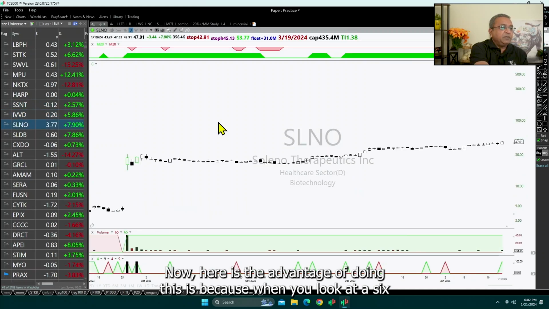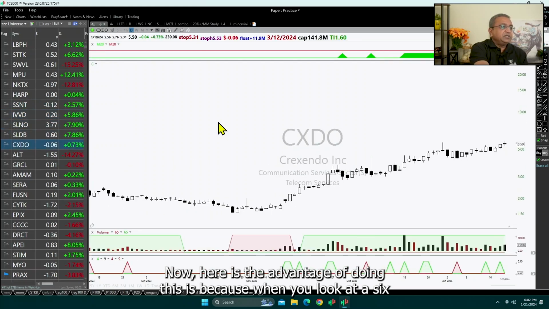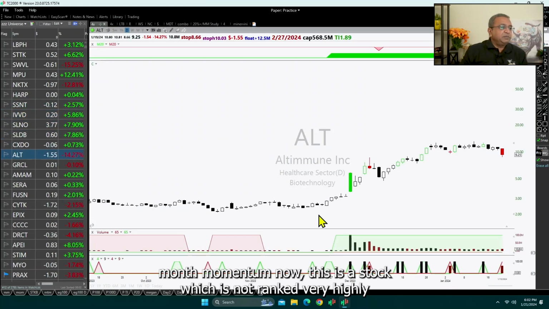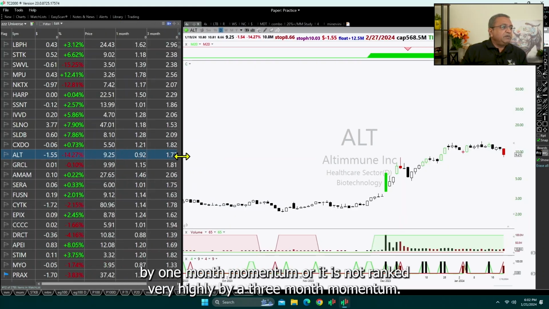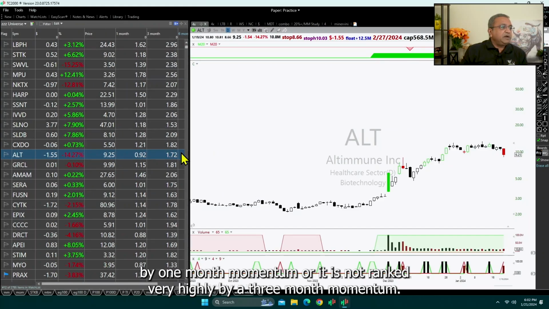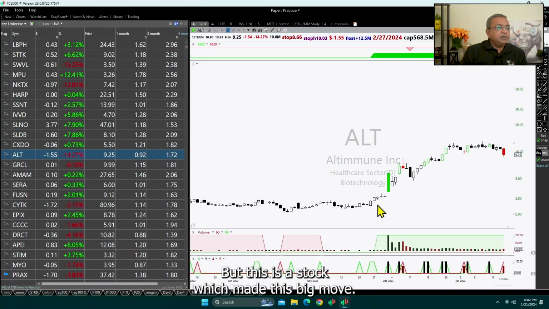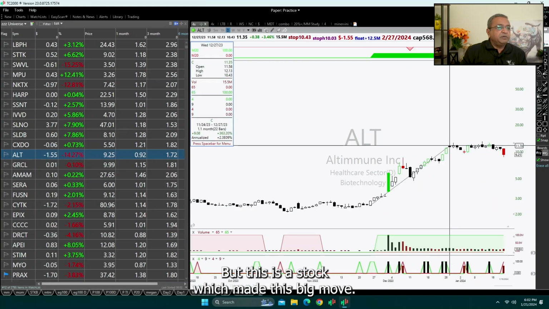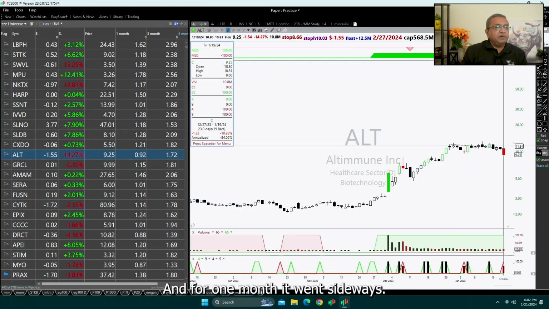Now here is the advantage of doing this. When you look at a 6 months momentum, this is a stock which is not ranked very highly by 1 month momentum, or by a 3 month momentum, but this is a stock which made this big move, and after that for 1 month it went sideways.